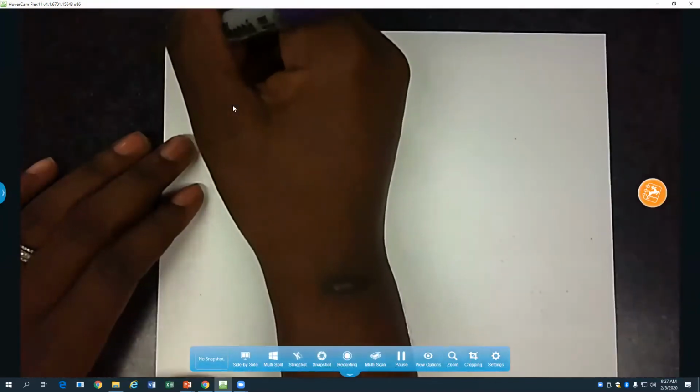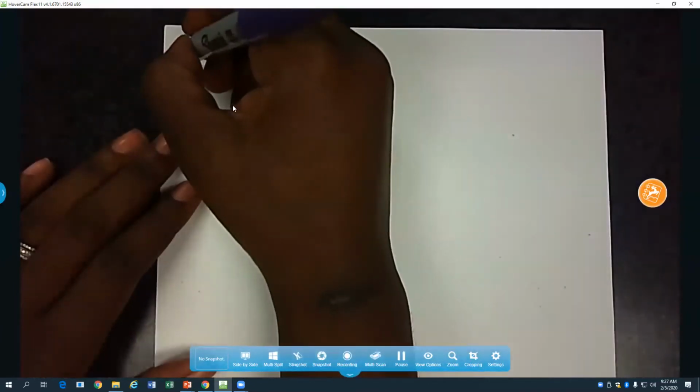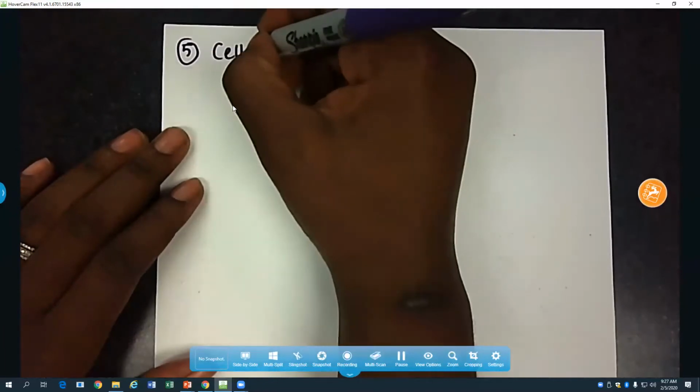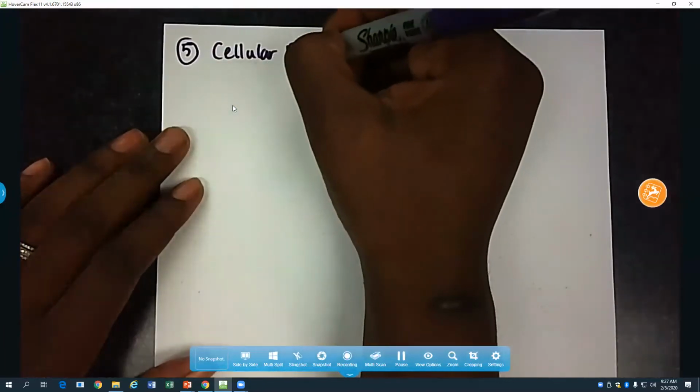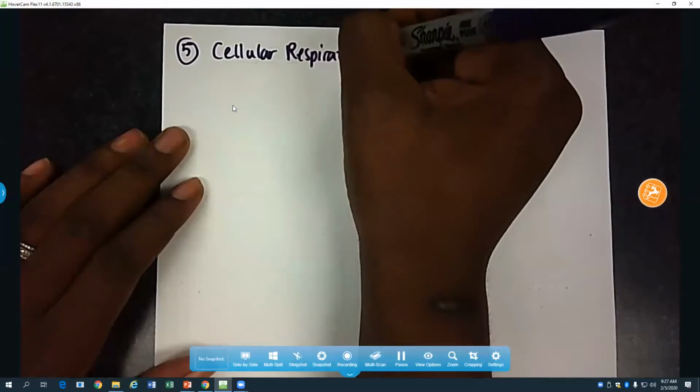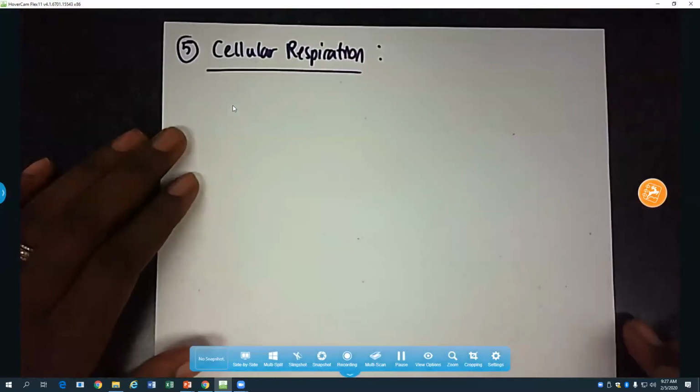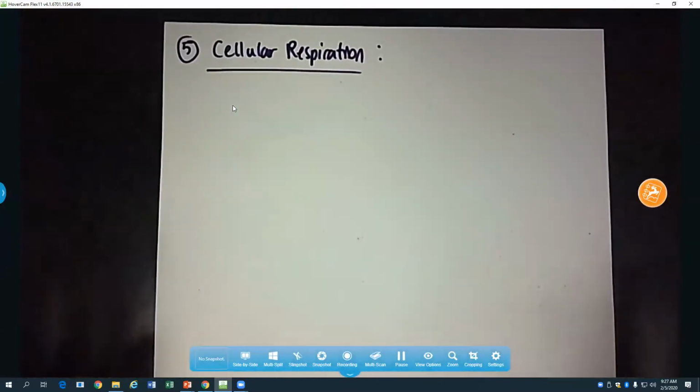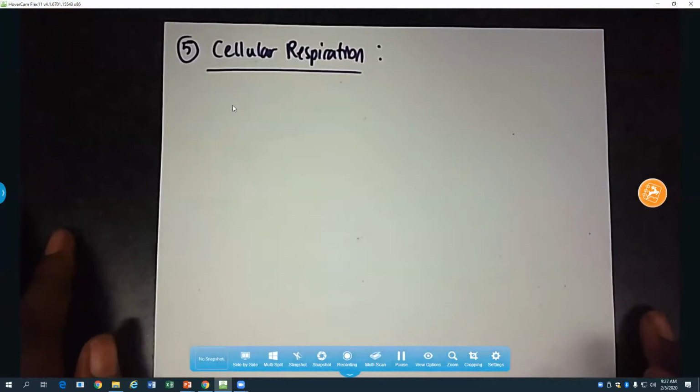We then spoke about, what is this? Cellular respiration. Okay, basically how our cells can break down biomolecules to harness energy. And we mainly spoke about the context of glucose.